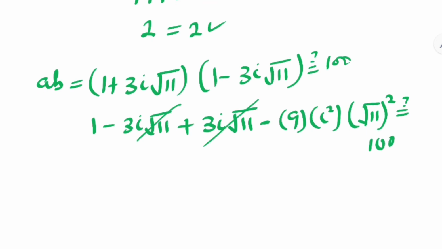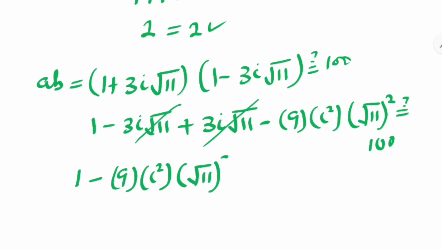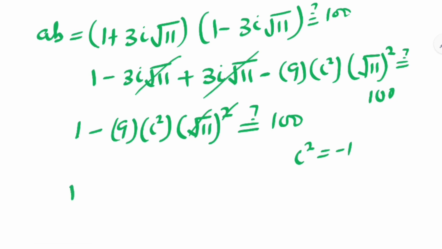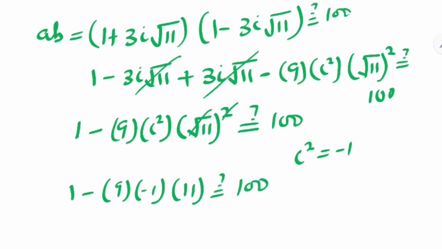Now this cancels this. We have 1 minus 9 multiplied by i squared multiplied by square root of 11 squared must be equal to 100. I squared is equal to minus 1. So we have 1 minus 9 multiplied by minus 1 multiplied by 11 must be equal to 100.